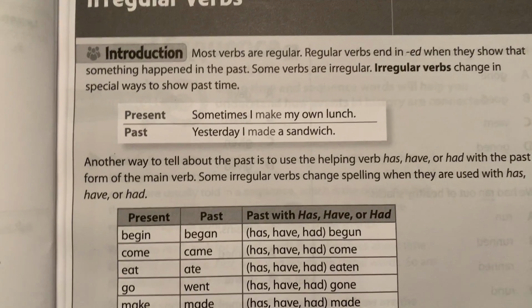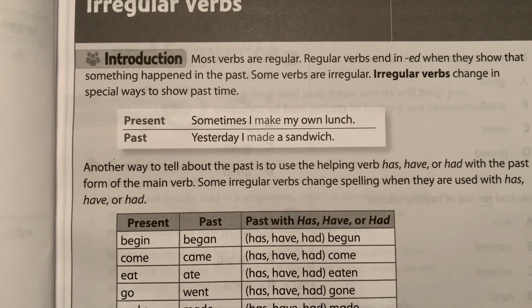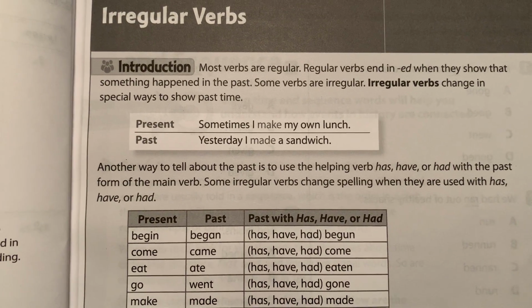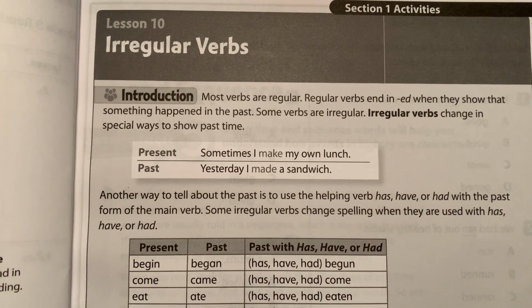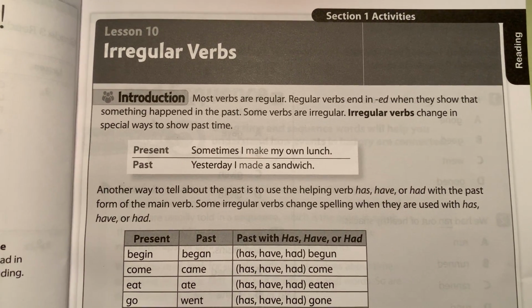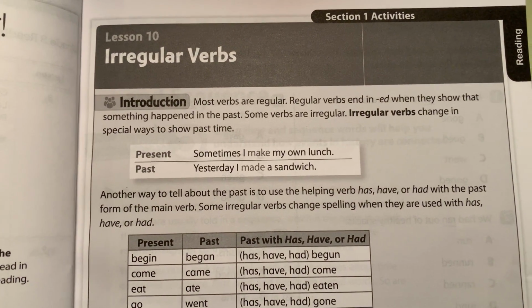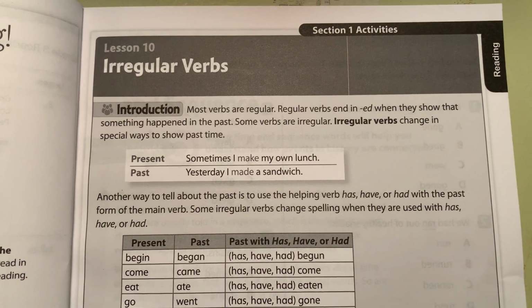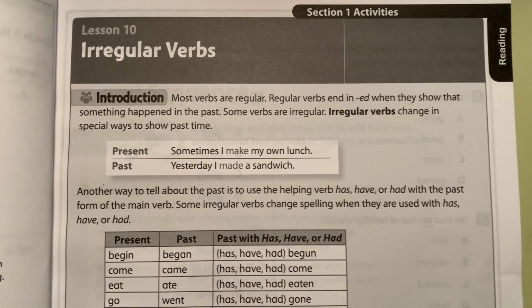So for the present tense, we've got, sometimes I make my own lunch. For a regular verb, you would just add an ED to the word make, and it would sound like this for past tense, something that already happened: yesterday, I maked a sandwich. Obviously, that sounds wrong. It is wrong. Make is an irregular verb.